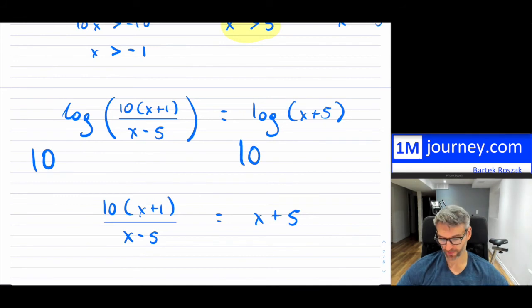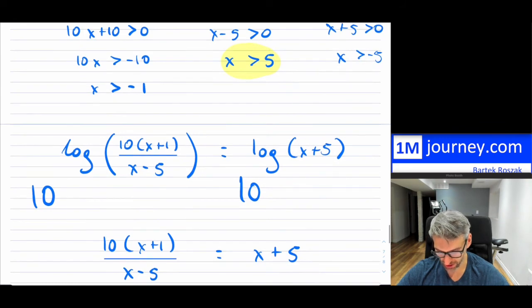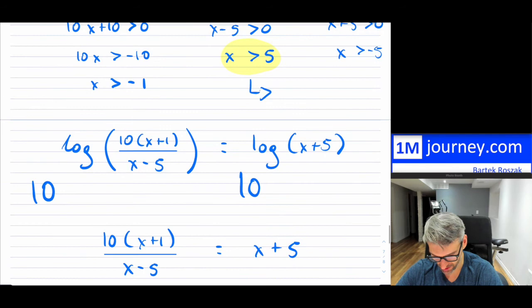All right. So now, what do we do here? This isn't the greatest thing to have. We do have, I guess, a problem because notice we have x minus 5 in the denominator. So technically x can't be 5, but we already knew that, because that's from our admissible range right here. So that's fine.